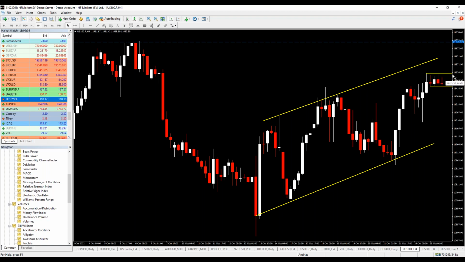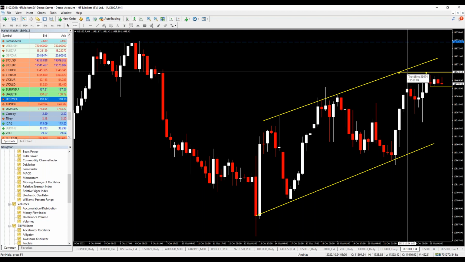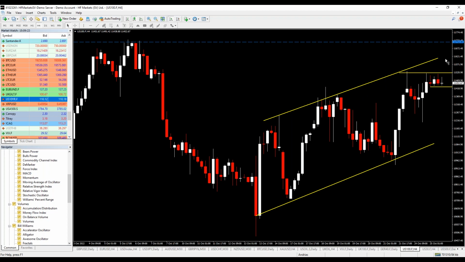So since yesterday, it was unable to break the high that we have seen. Yesterday 11,527 was the high, so it looks unable to break it yet, and it's directionless. It has been moving in an up channel.